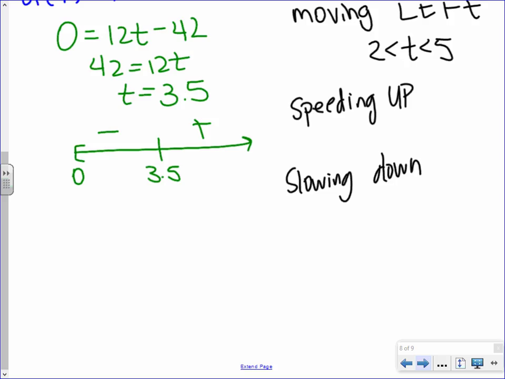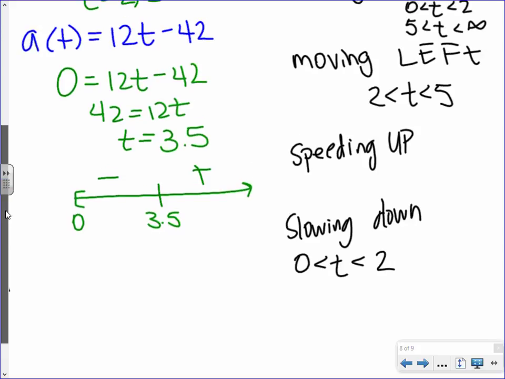Okay, so we are slowing down between 0 and 2. Sorry. Now, from 2 to 5, we have negative velocity.